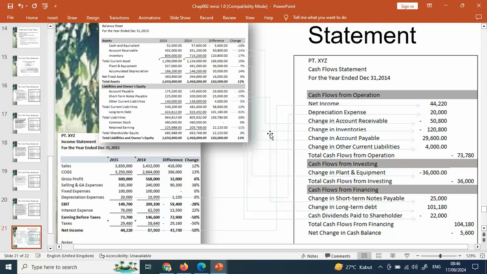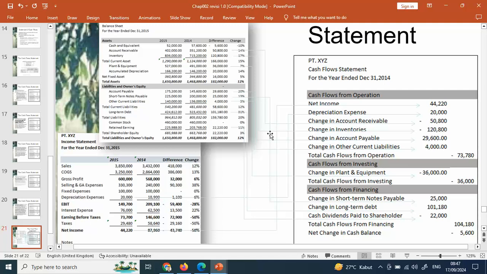And then short-term notes payable. Notes payable is financing on corporate bonds.